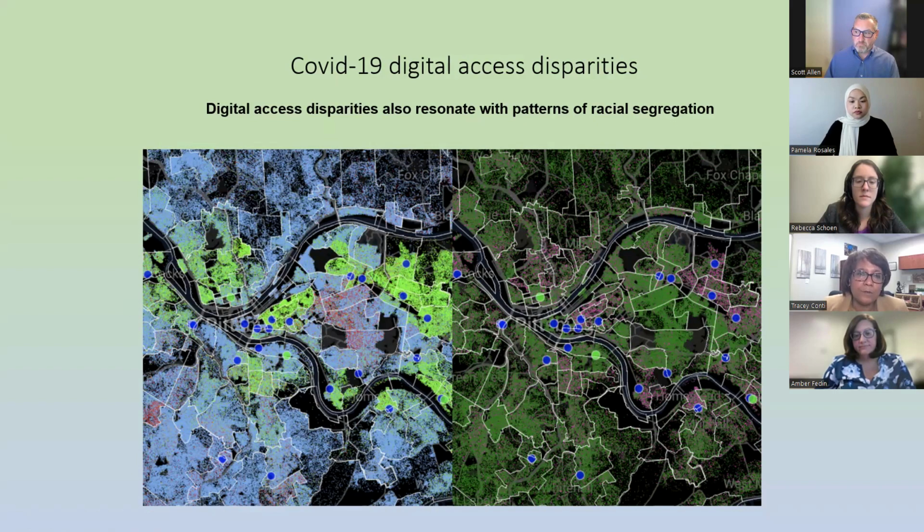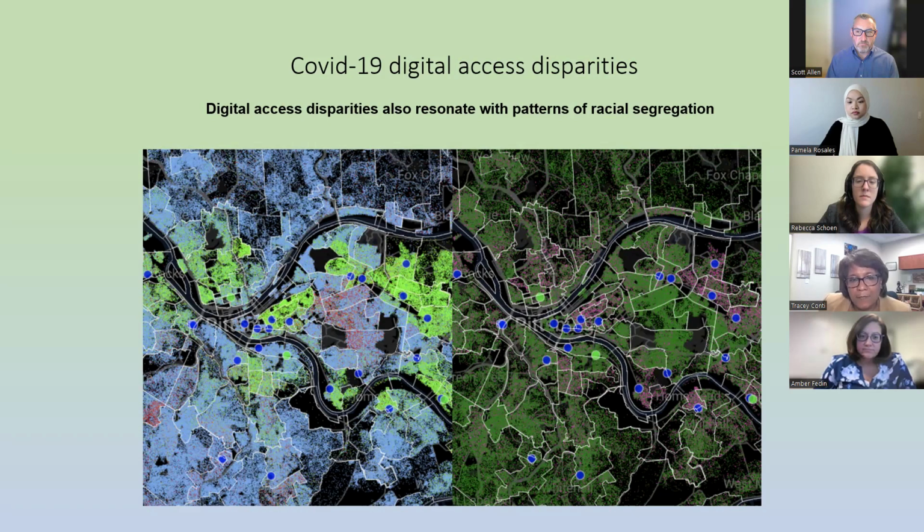What we also did was look to see where there were access points for healthcare. And there were access points from the health systems, and that's in these green spots here. And those at the time were the only folks that were delivering COVID direct care for testing.